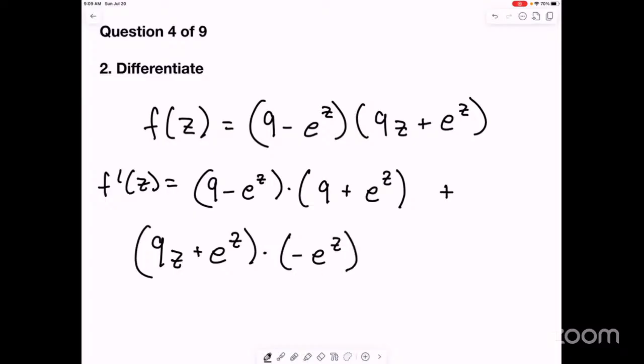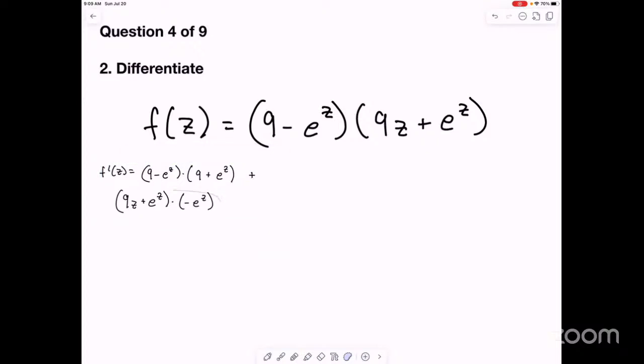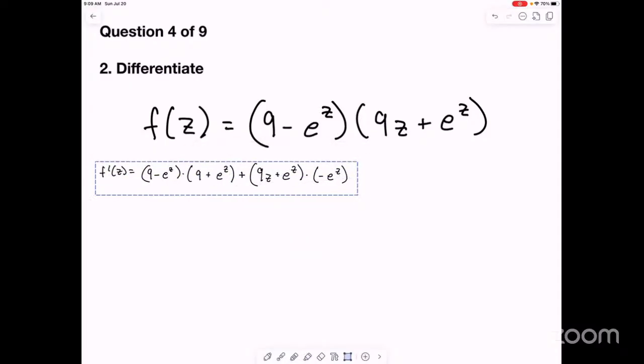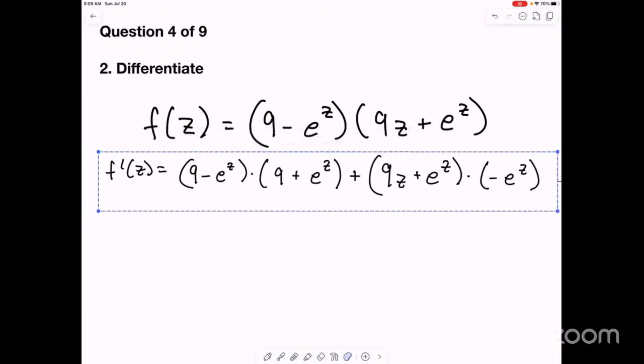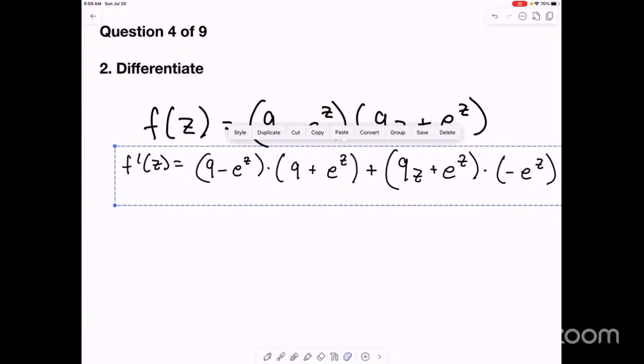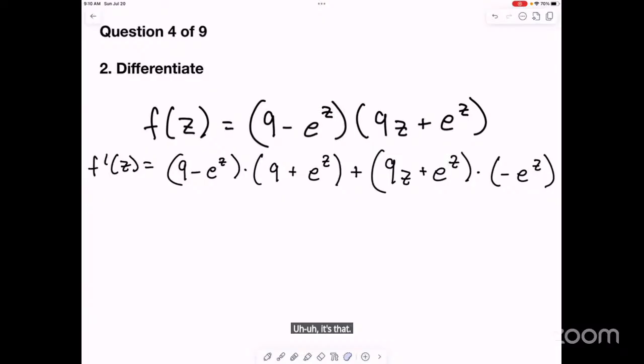Okay, I'm going to get this on one line. Okay, so we said the first times the derivative of the second plus the second times the derivative of the first.